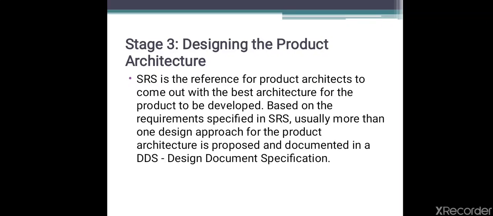This Design Document Specification is reviewed by all the important stakeholders, and based on various parameters such as risk assessment, product robustness, design modularity, budget and time constraints, the best design approach is selected for the project.